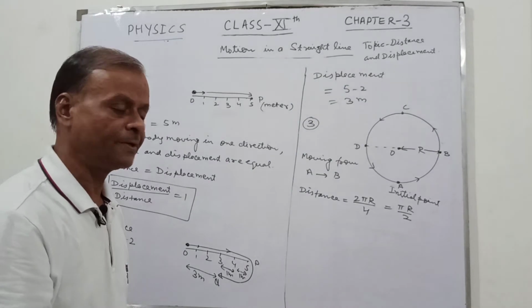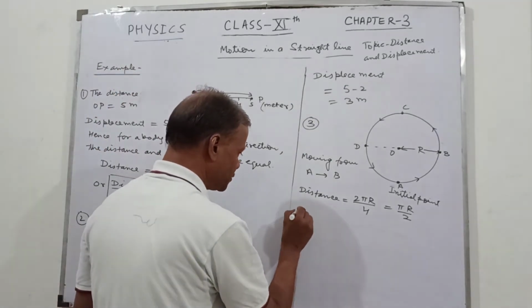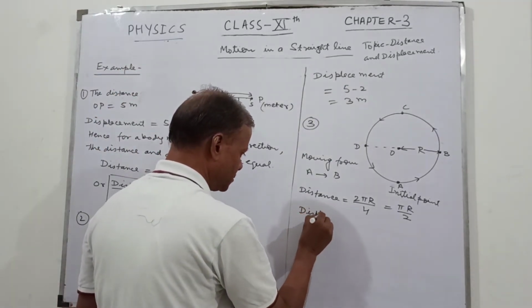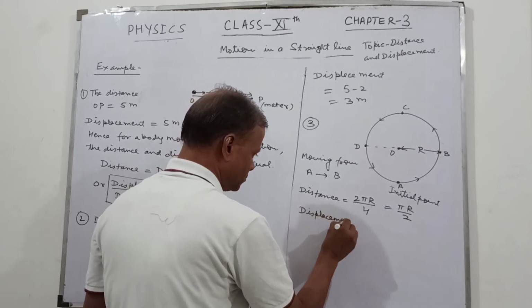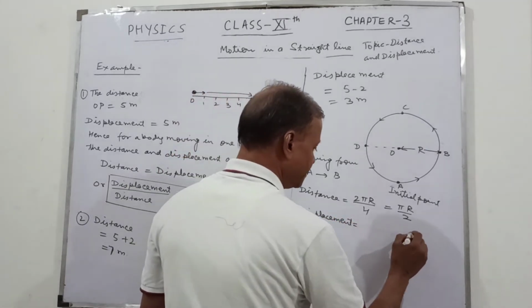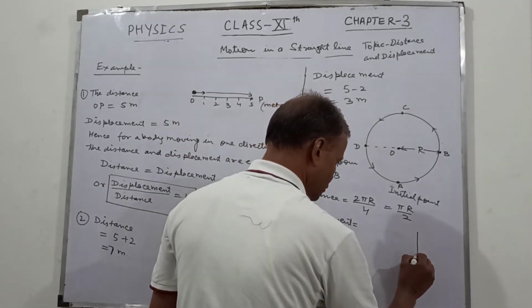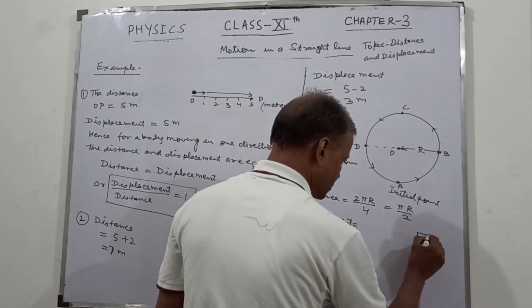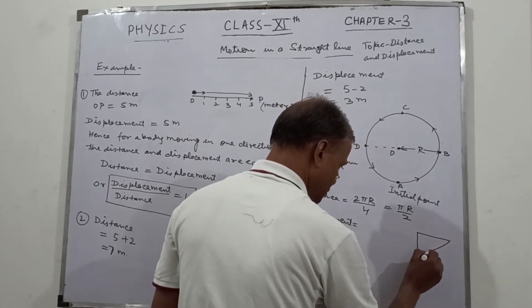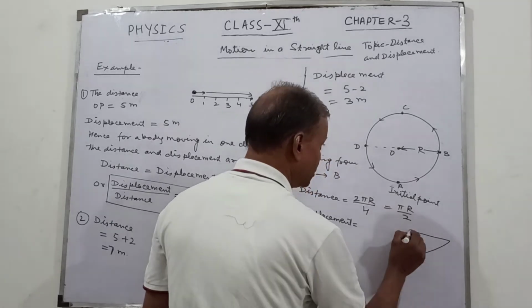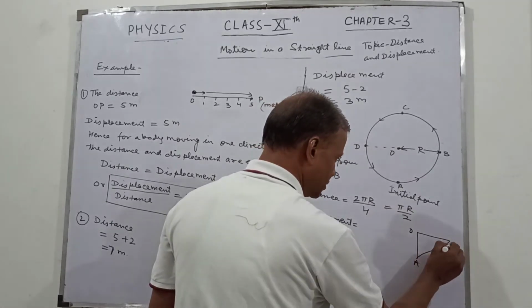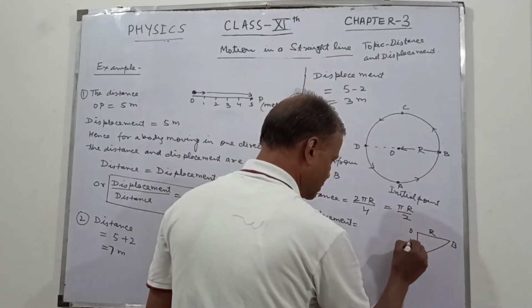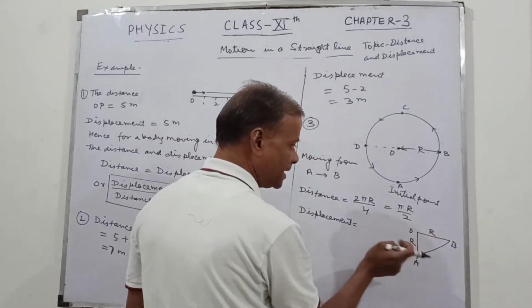Now then, what is the displacement? What we have? This is now your O, this is now A, this is now your B, this is R, this is R, then this is a right angle triangle.